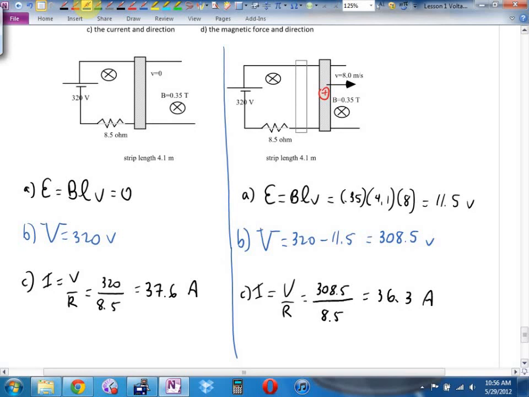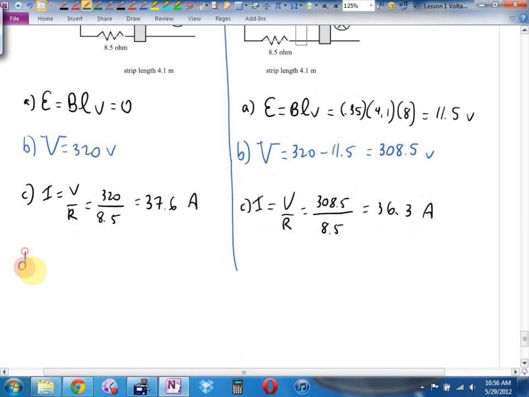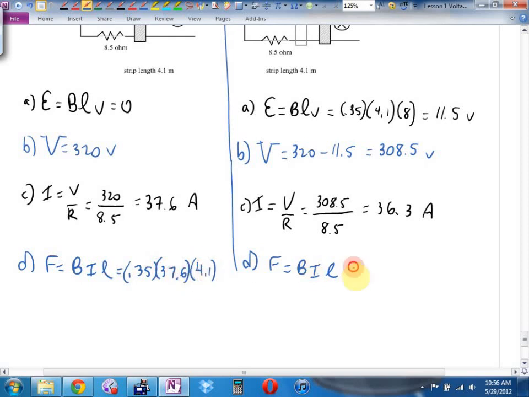Connor, what does D want us to find? Okay, magnetic force. F equals BIL. F equals BIL. 0.35, 37.6, 4.1. 0.35, 36.3, 4.1.